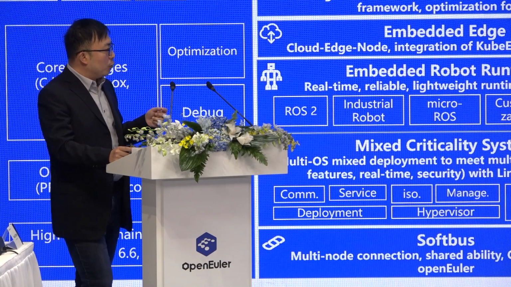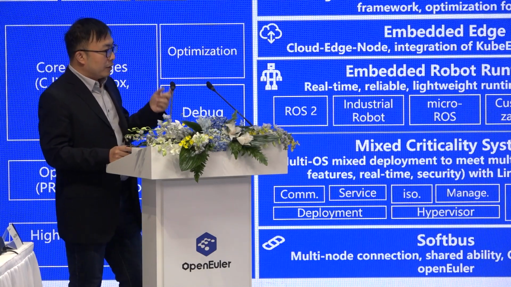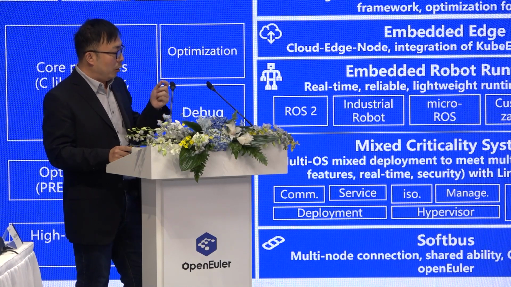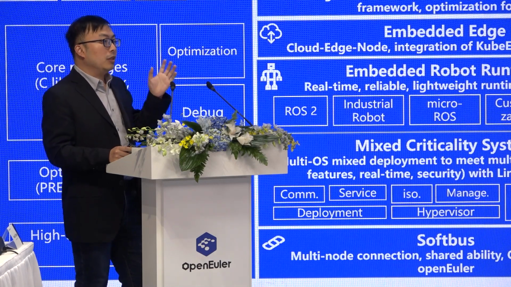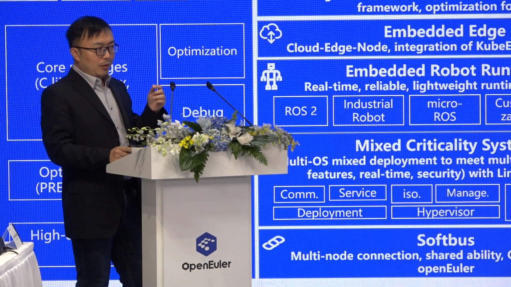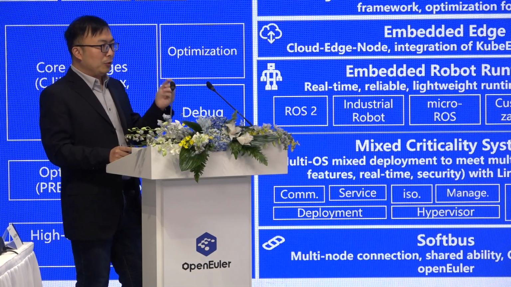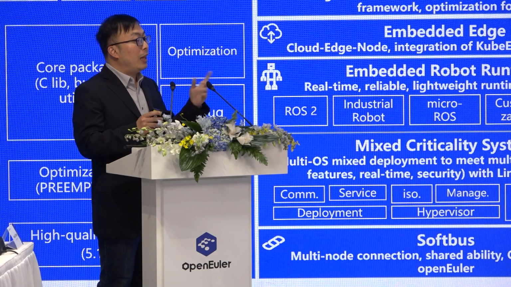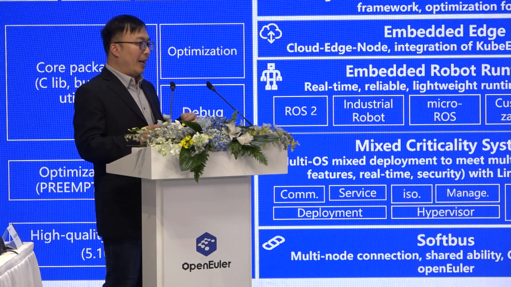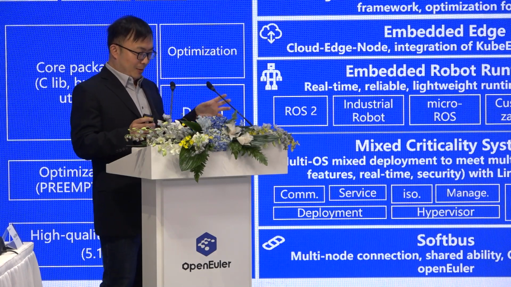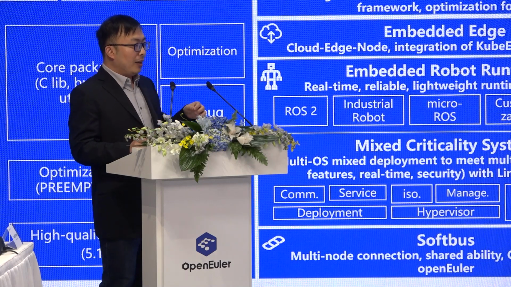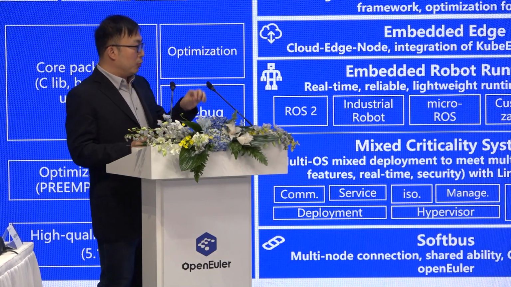And the embedded robot runtime is a robotic framework. It's a framework for robotic applications. So we integrate those two. You know that if you have those two applications, mostly it is about Ubuntu. But now openEuler provides a second option. You can develop those two applications fully in openEuler, from development to runtime.